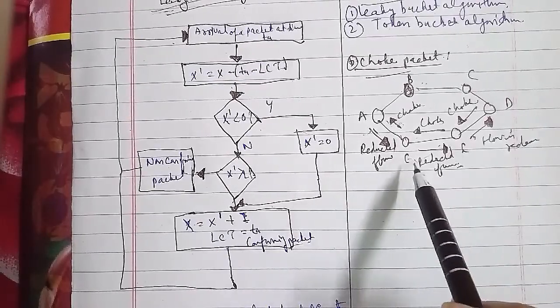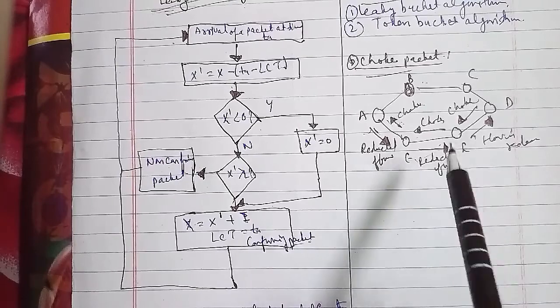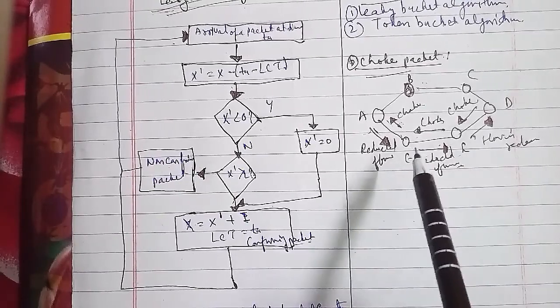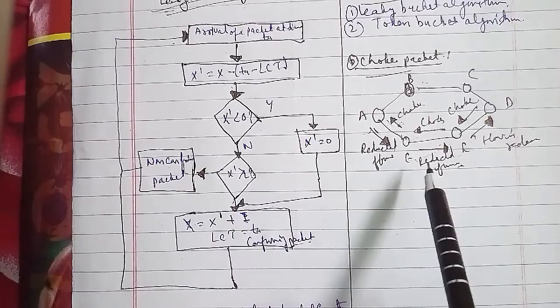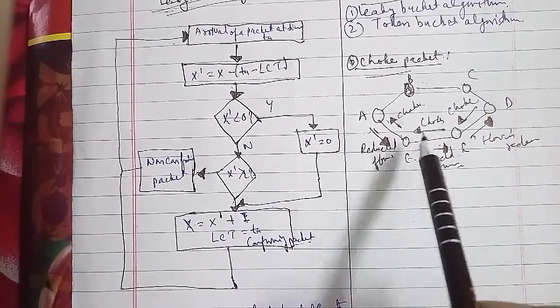When the link utilization increases above its threshold, the destination node D starts sending choke packets towards the source node A, and it will choke here.